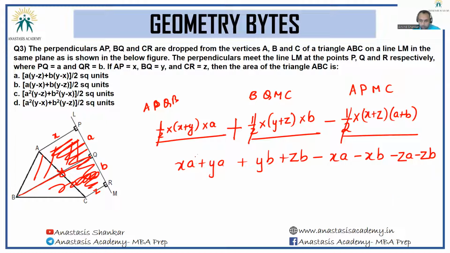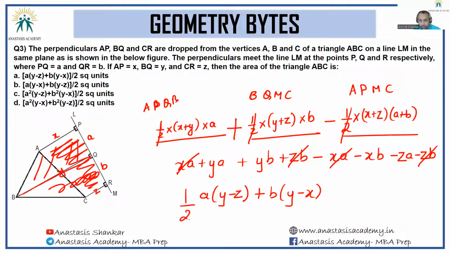Okay. So XA gone, ZB gone. So if I take out A common, I'll be left with Y minus Z, plus if I take out B common, I'll be left with Y minus X.